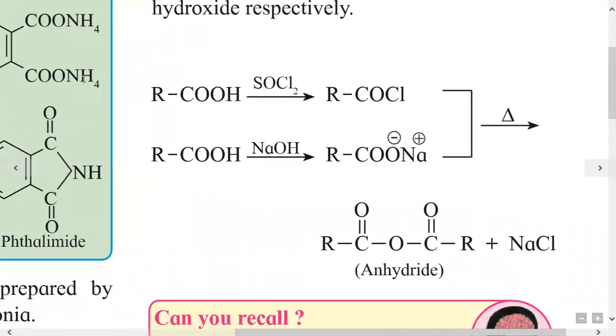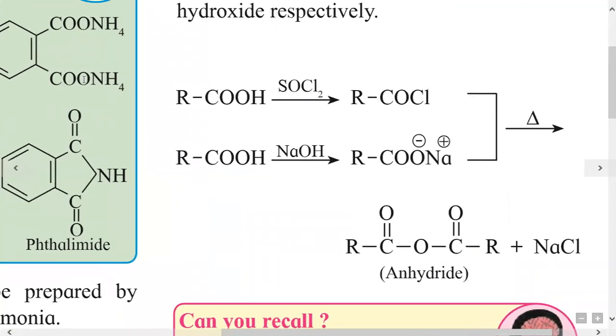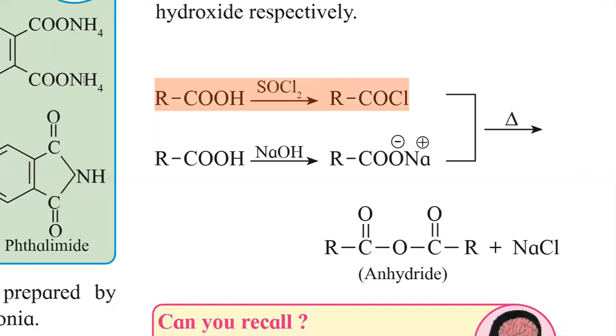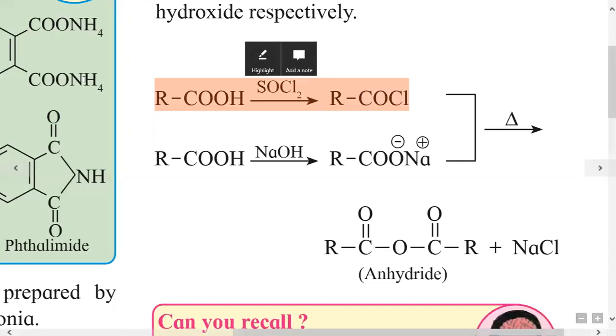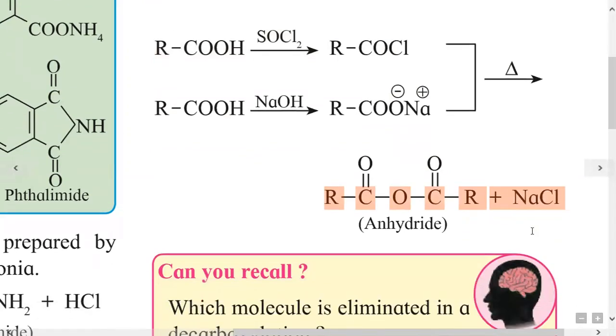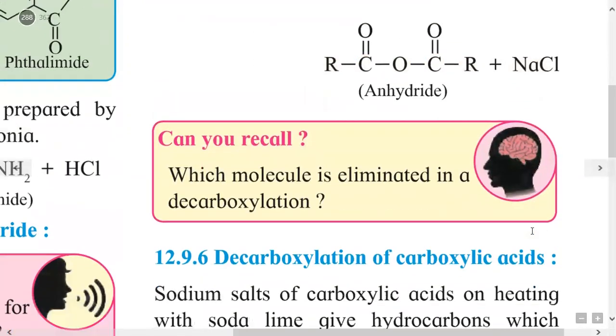RCOOH, a carboxylic acid, when reacted with SOCl2 gives acyl chloride. Similarly, RCOOH reacted with NaOH gives the sodium salt of carboxylic acid. This acyl chloride and sodium salt of carboxylic acid give acid anhydride and sodium chloride as a side product.